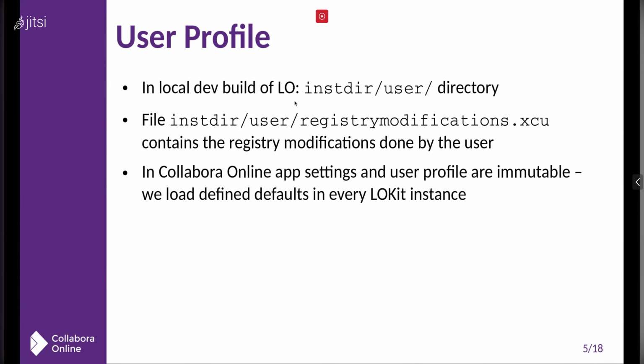So if user changes some settings, we have a file in user directory. If you have local development build of LibreOffice, it's by default in the user, and we can find XML file there, which is called registry modifications, and it contains all the differences between the defaults and what user set.